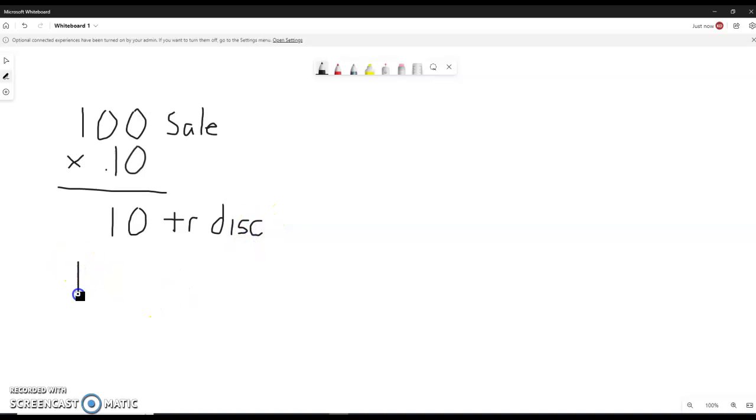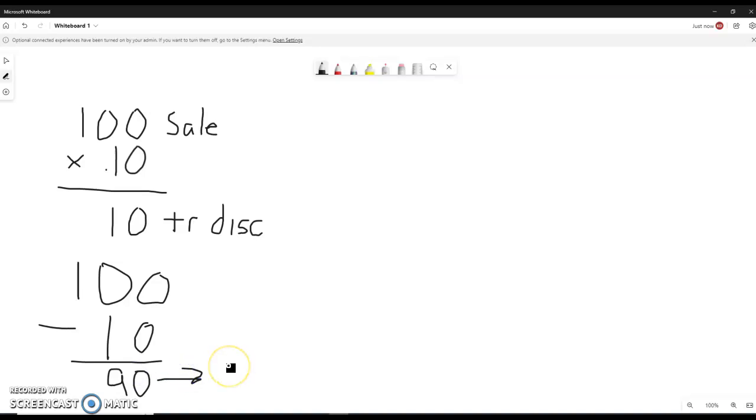Of course, I can take the $100, subtract the $10 trade discount, and that's $90. That is what goes in my journal entry as my sale amount.